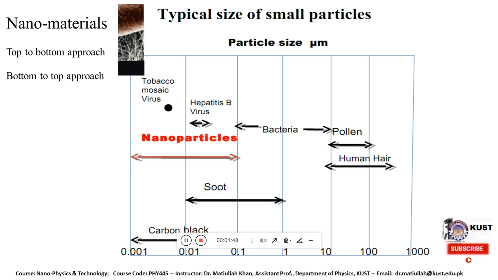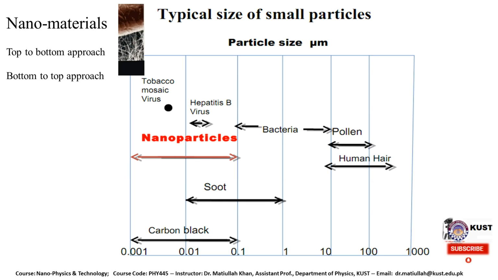So if we observe the size of different materials at different scales, we can get more information from these scales. Here, on the horizontal scale we have the particle size, and on the vertical axis different sorts of materials are shown.